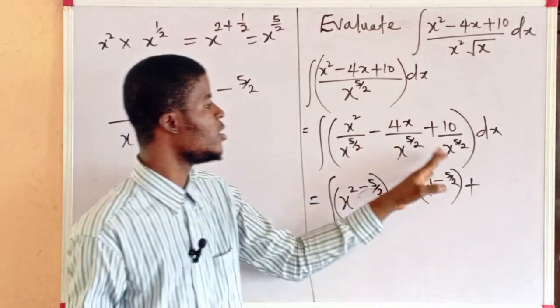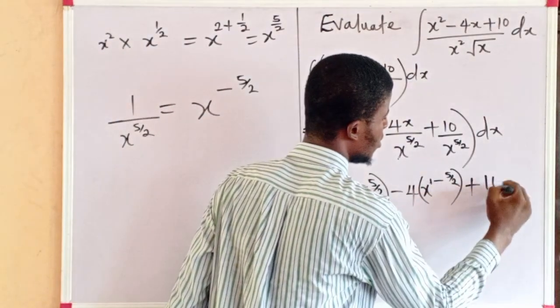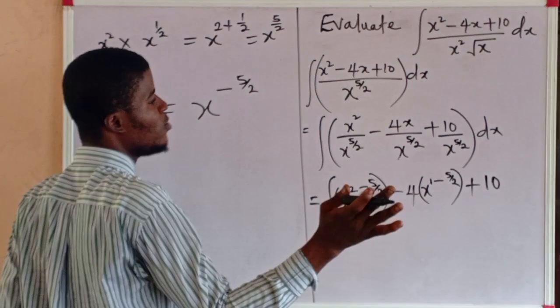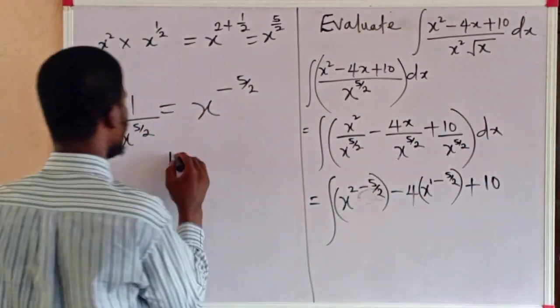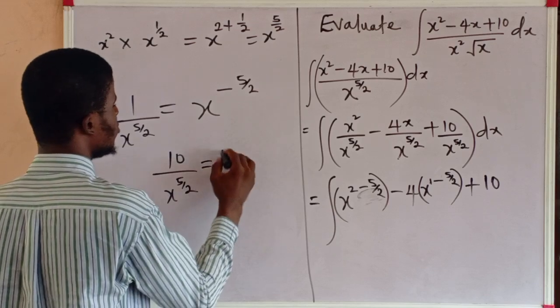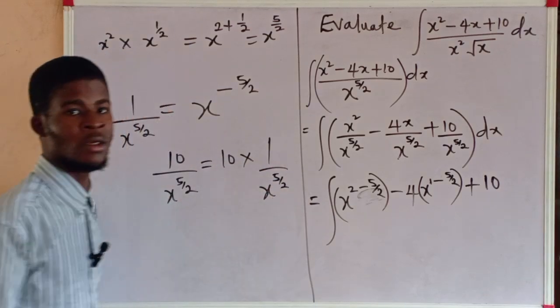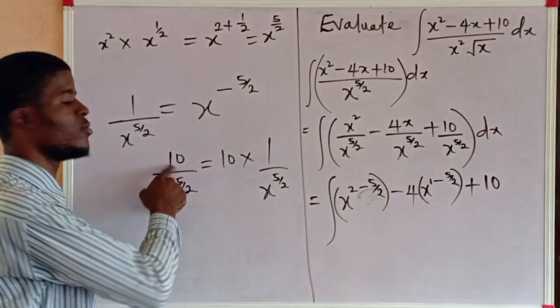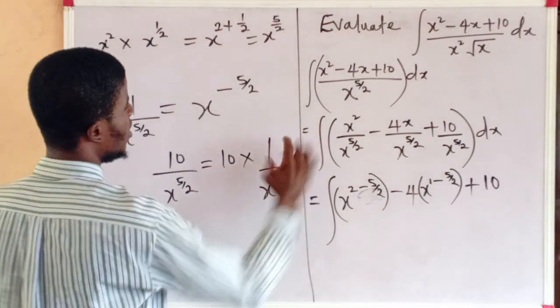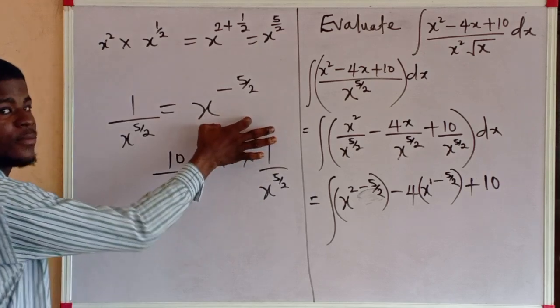Yes, so in this case, what will happen is this. We'll be having 10 times, you will agree with me that 10 all over x^(5/2) is equivalent to 10 times 1 over x^(5/2). Yes, because 10 times 1 is still 10. So the equivalent of this expression here is what we have here.